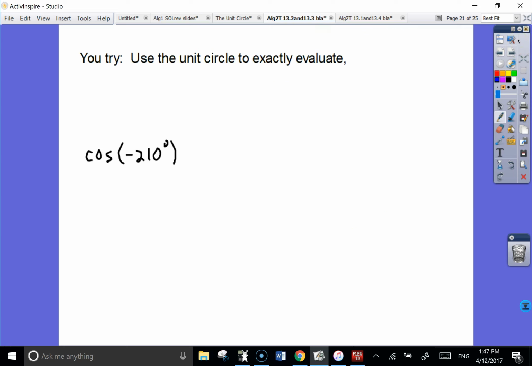So try to find the cosine of negative 210. If you don't know where negative 210 is, add 360 and see what you get.